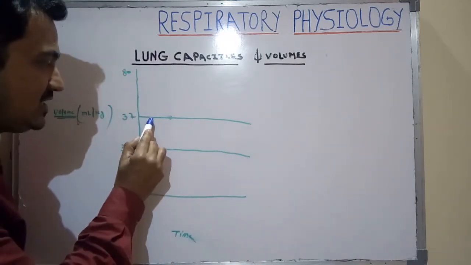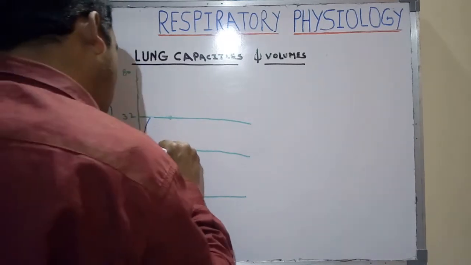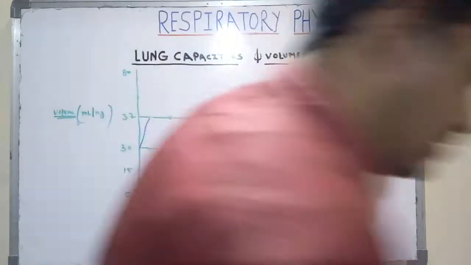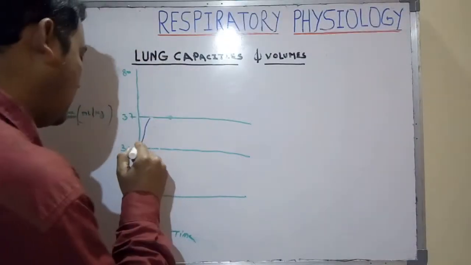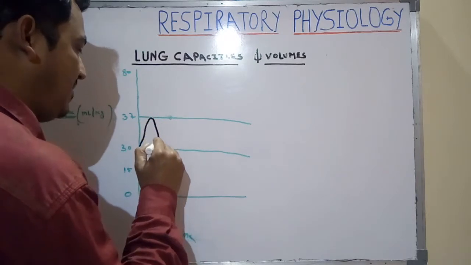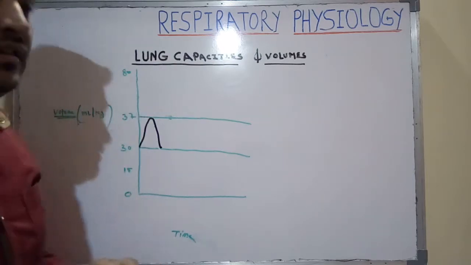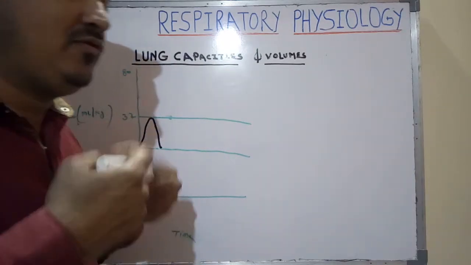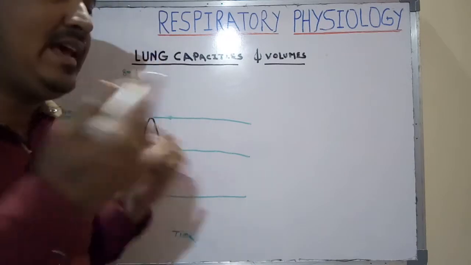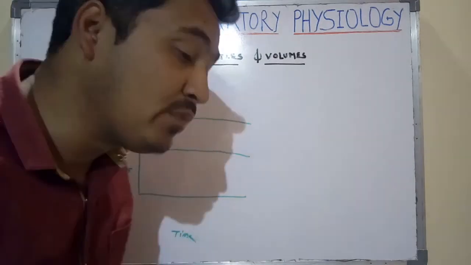Now I am exhaling the similar amount out. The amount of air I have inhaled, the similar amount of air I am exhaling out. This is the activity of inhalation and exhalation in normal breathing.